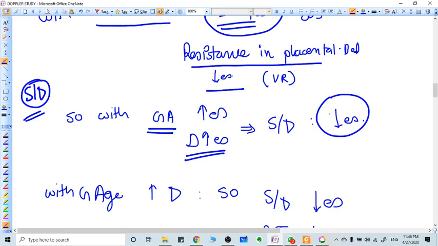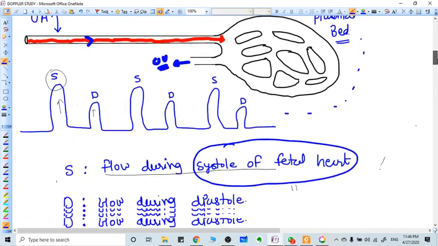You need to remember this very clearly in your mind: with increasing gestational age, the SD ratio decreases in the umbilical artery in normal situations. I'm talking about normal situations.